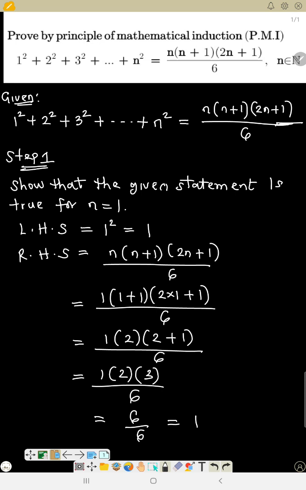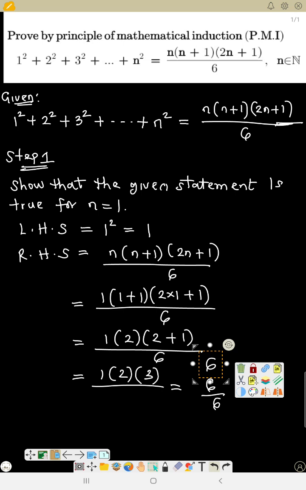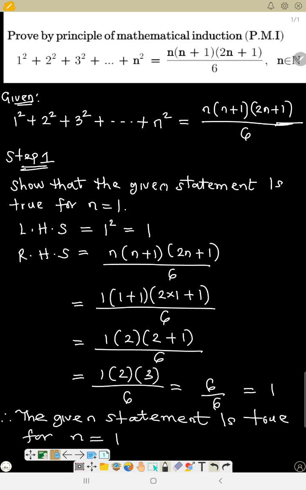So now that we have shown that left hand side equals right hand side, we conclude that the given statement is true for n equals 1.